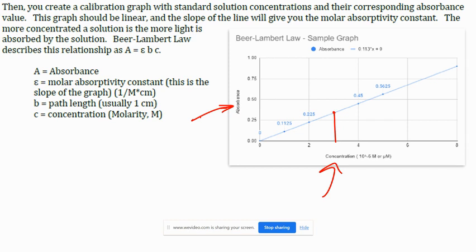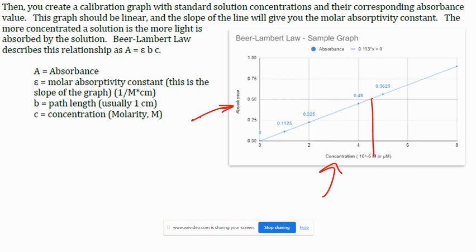So you find where it falls on this line graph. Yeah, it's a line graph. So where it falls on the line, you find where your absorbance hits that.